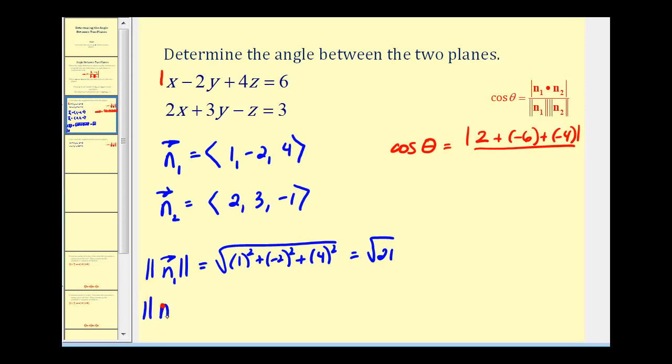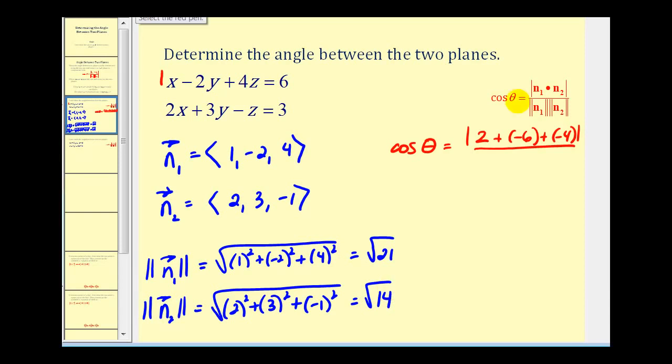The magnitude of the second normal vector is going to be equal to the square root of 2 squared plus 3 squared plus negative 1 squared. That's going to give us the square root of 4 plus 9 plus 1. That'll be the square root of 14. So that tells us the denominator here will be the square root of 21 times the square root of 14.